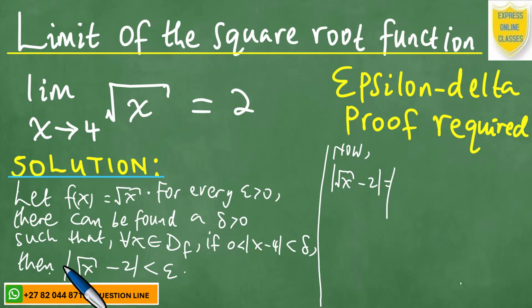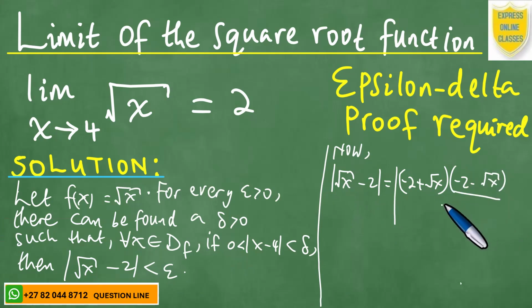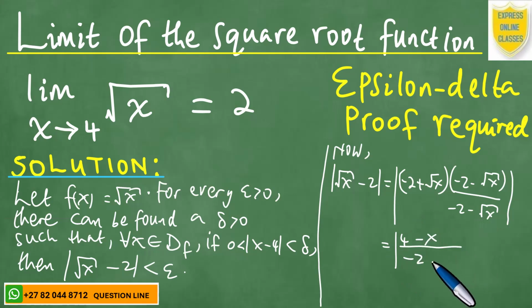It can be written as follows: the square root of x minus 2, multiplied by the square root of x plus 2, all divided by the square root of x plus 2. The numerator gives x minus 4, which is x minus 4 all divided by the square root of x plus 2.